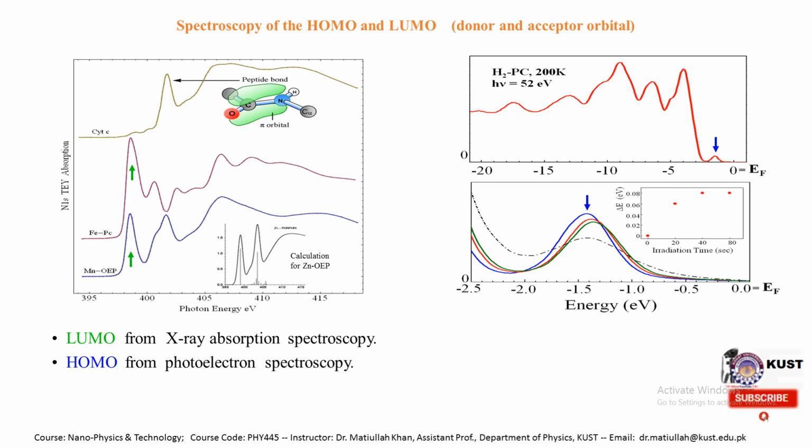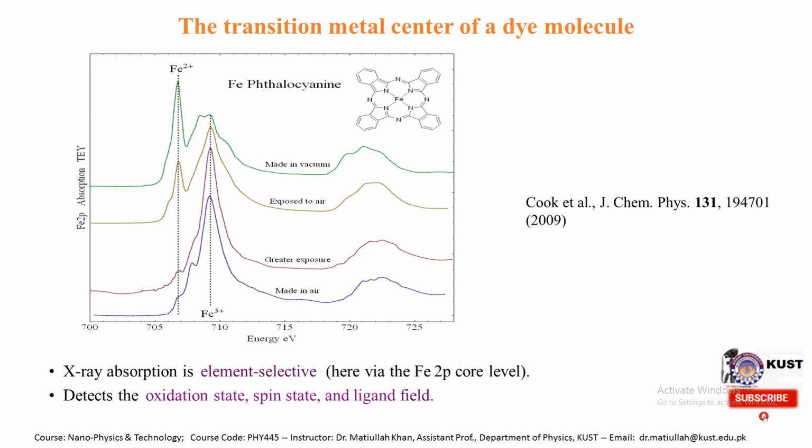Here the N1 absorption spectrum is shown, and the different peaks are characterized, showing that they are due to the transition of electrons between different energy levels, and that is described here in both cases.